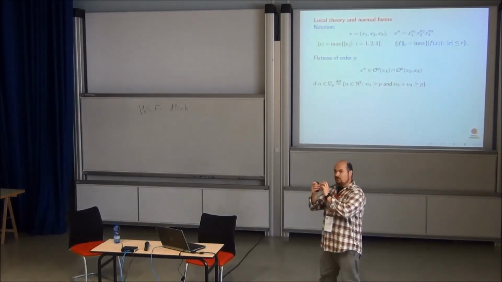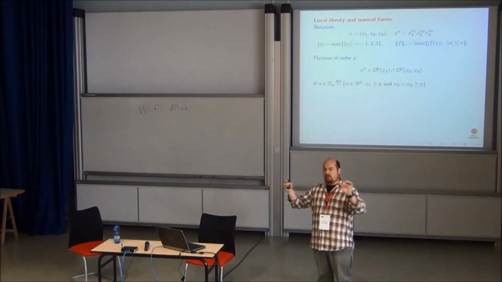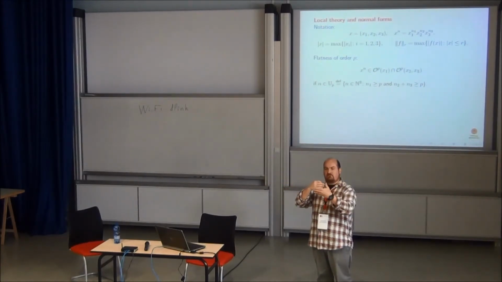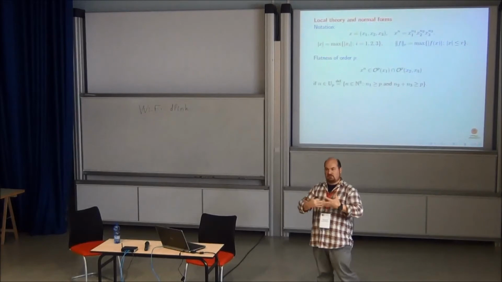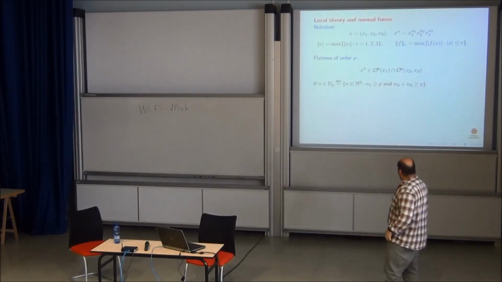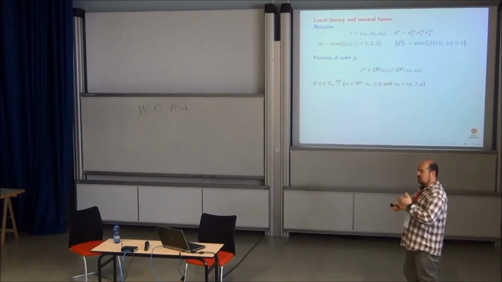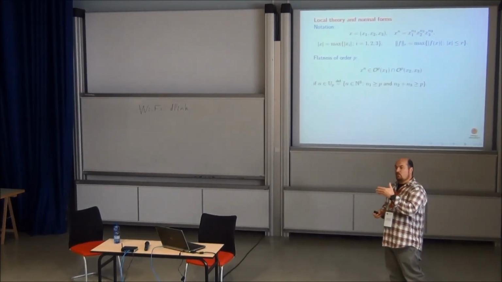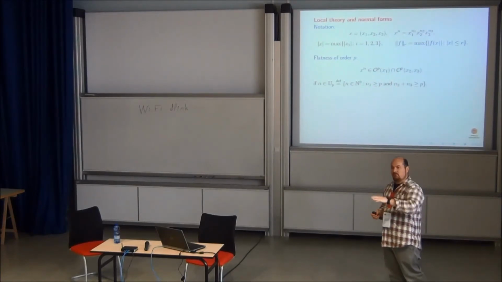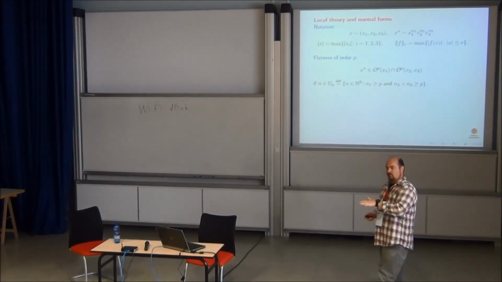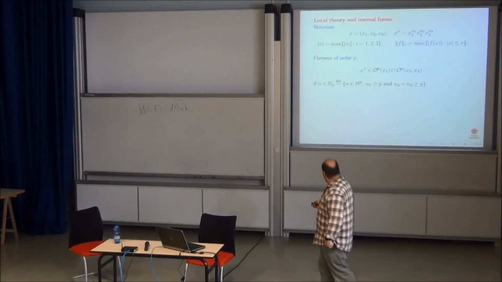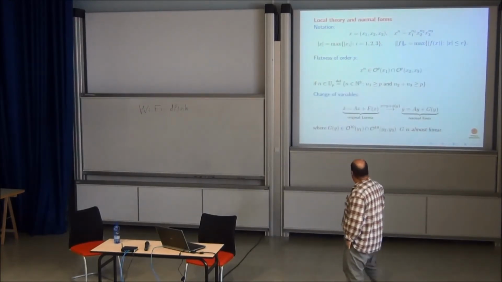Remember that x1 corresponds to the unstable manifold, and x2 and x3 correspond to the two-dimensional stable manifold. By only allowing these non-linearities, I'm saying that the vector field should be of order x to the p close to the stable manifold or close to the unstable manifold. That's what I'm saying if I take away all the others.